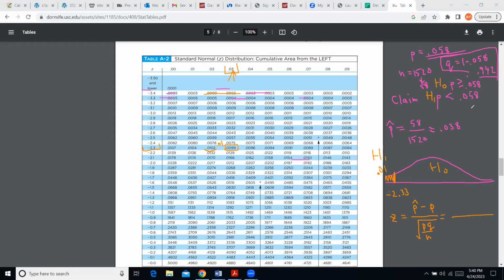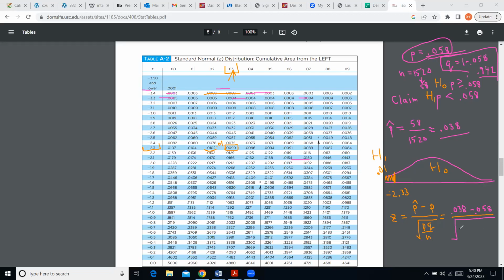So for the p hat, we have 0.038. Then for p, we're going to use the one that appears in our claim, 0.58. And then in the denominator, we get a square root of pq.